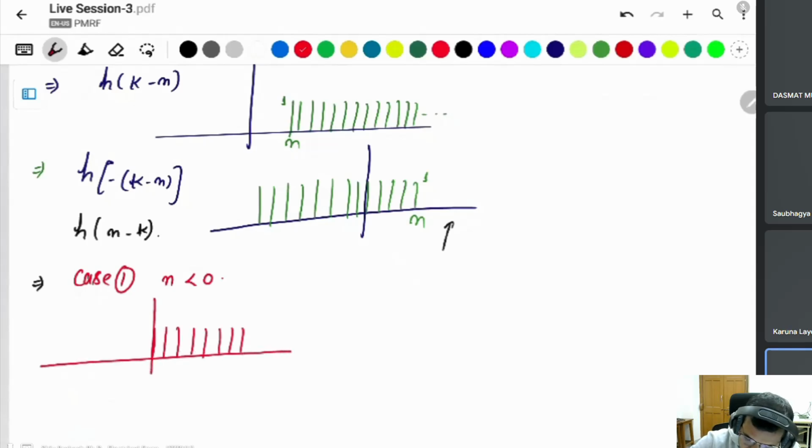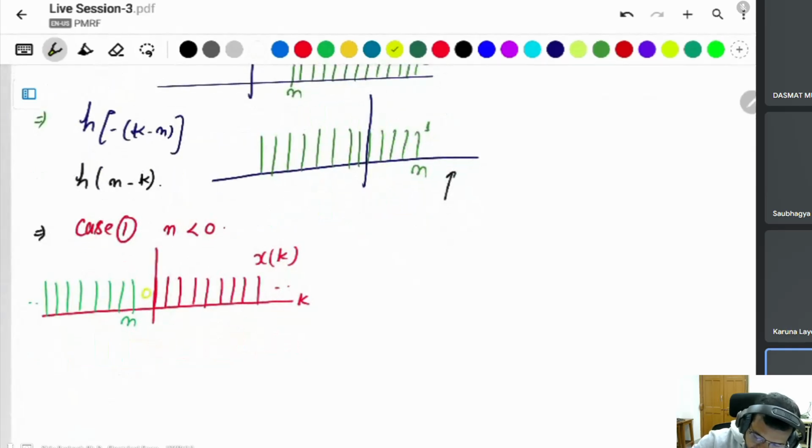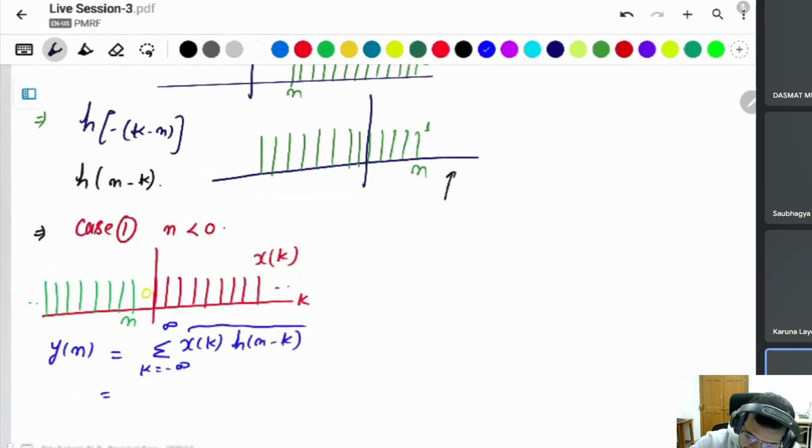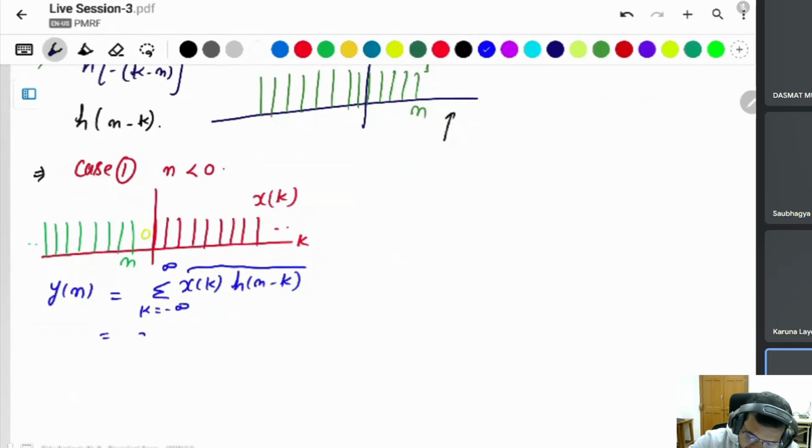This one is x[k]. Another signal is this one shifted by n, but there is no overlap. Then y[n] is equal to the summation of k equal to minus infinity to infinity x[k] h[n minus k]. The multiplication of x[k] and h[n minus k] is 0, then y[n] is 0.